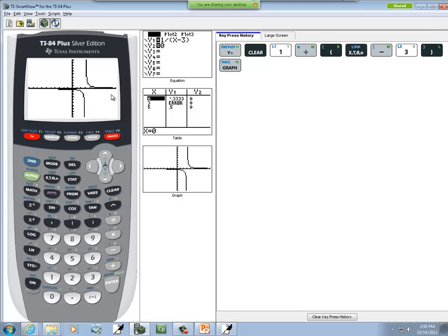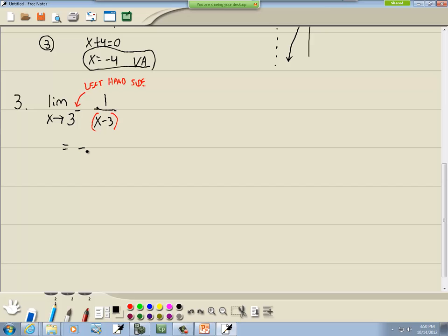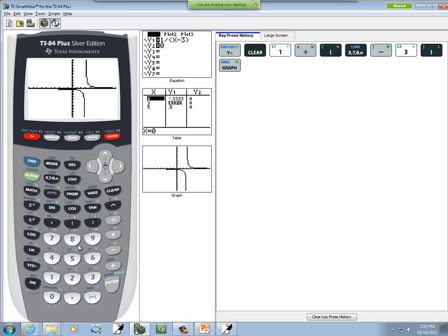Okay, from the left-hand side, here's 3. I'm coming from the left-hand side. It's like I'm tracing the graph. Look at what my y values are doing. My y values are going down forever. So down forever is negative infinity. You could actually, even if you wanted to, press trace on your calculator. And see, this is where my cursor is.